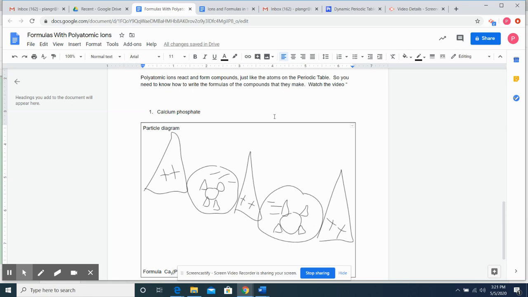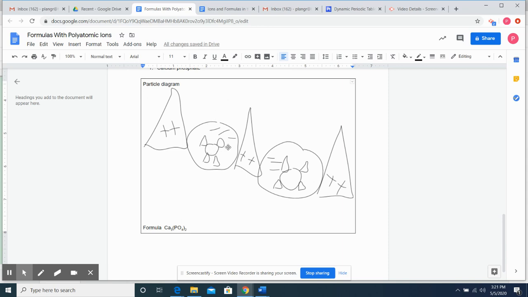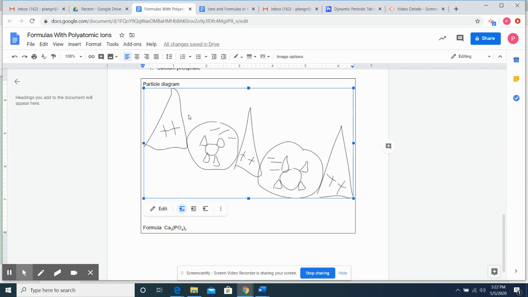All right, and then you have to draw them until you have enough of each so that the charges equal out and overall they're neutral. So we wrote here on this drawing a phosphate. We drew the P, the phosphorus, and we drew 4 oxygens stuck to it, but it's all in one lump with a 3- charge. Then we added some calciums to it.